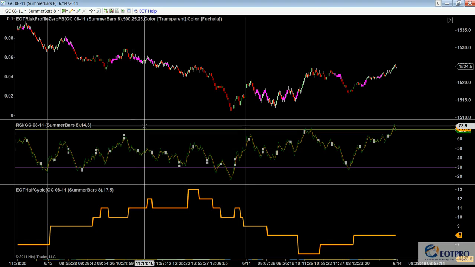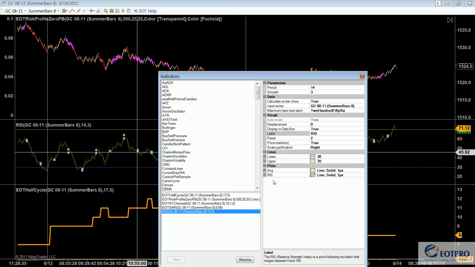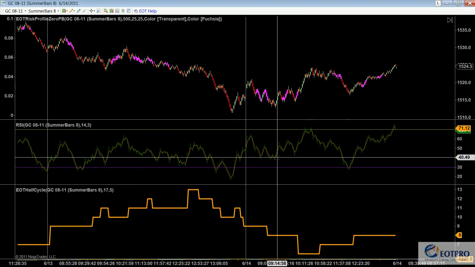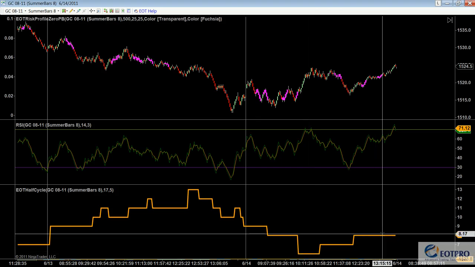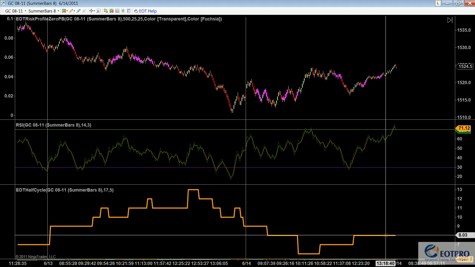RSI, for example, has a length input of 14. Why 14? Well, they had to put something in there. But the cycles, according to the market, are not 14. Right now, they happen to be 8.